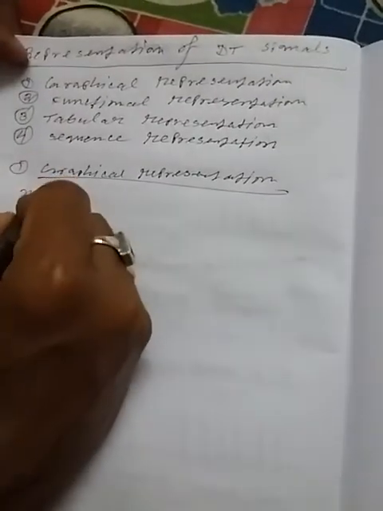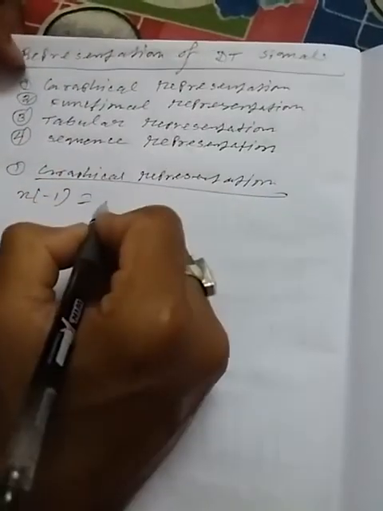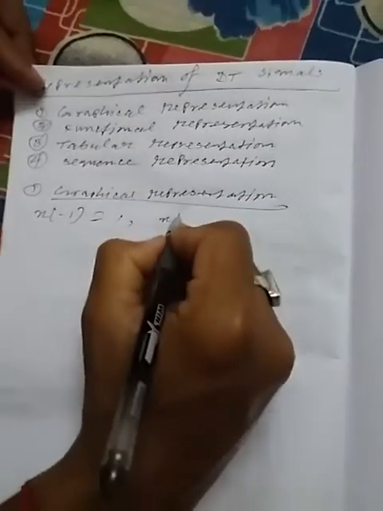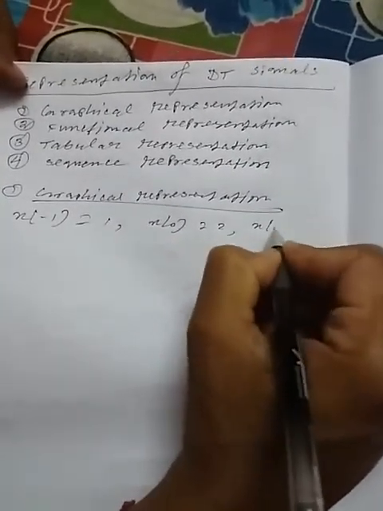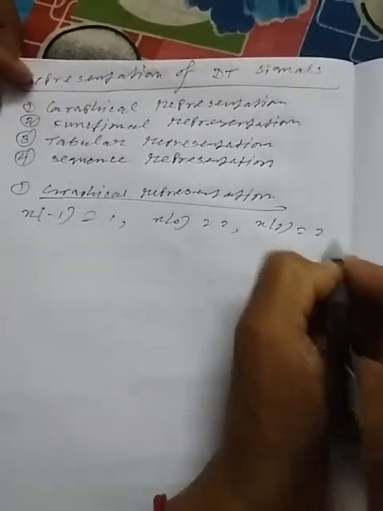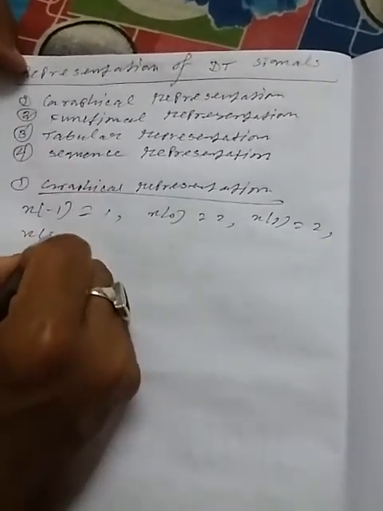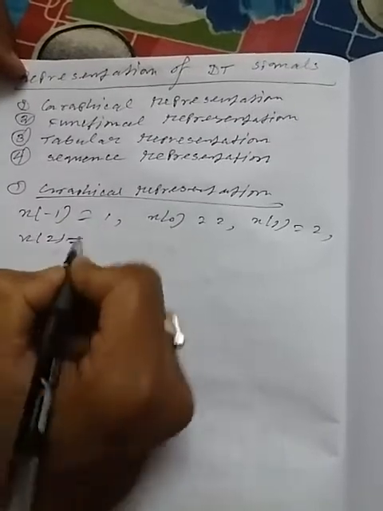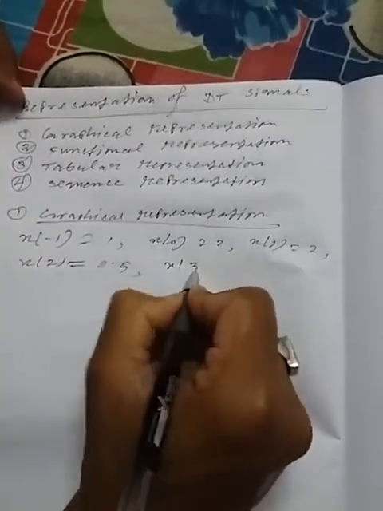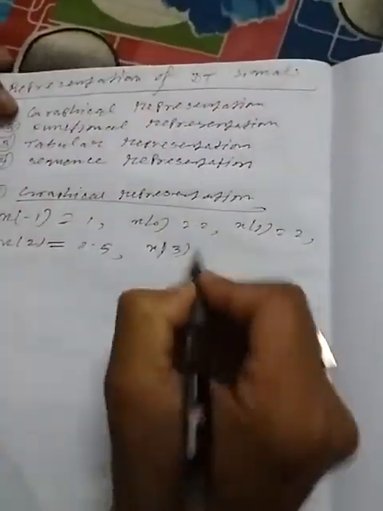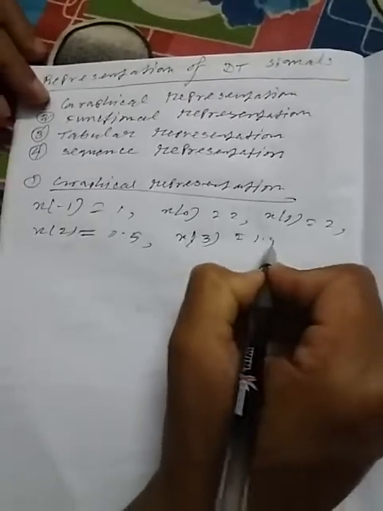At first, graphical representation of discrete time signal. Suppose a signal has the values x of minus 1 equal to 1, x of 0 equal to 2, x of 1 equal to 2, x of 2 equal to 0.5 and x of 3 equal to 1.5.